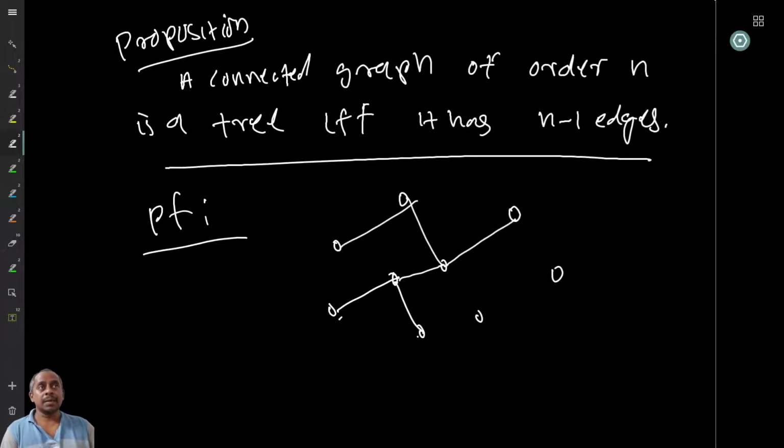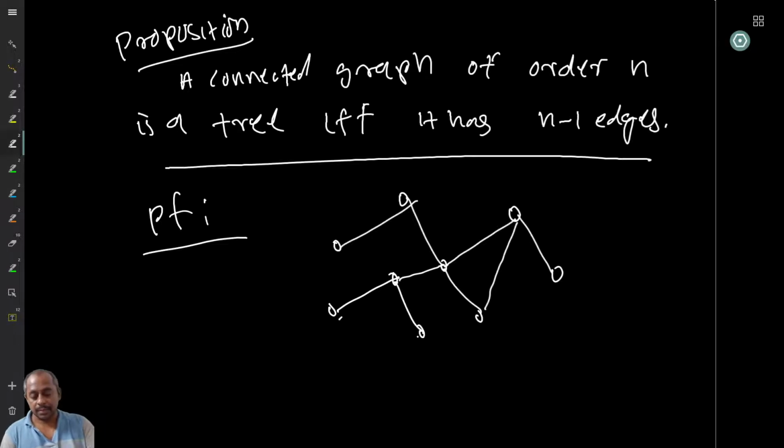Now, can we have more than n minus 1 edges? At least n minus 1 edges are required to make the graph connected. But suppose you add one more edge. If the graph is already connected, and then you add an edge between vertices of some component, then you automatically create a cycle, because there are two distinct paths between these vertices: the edge and the path in the original.